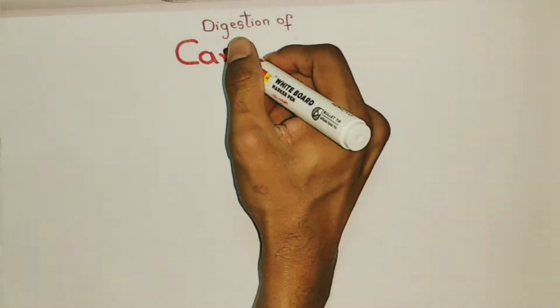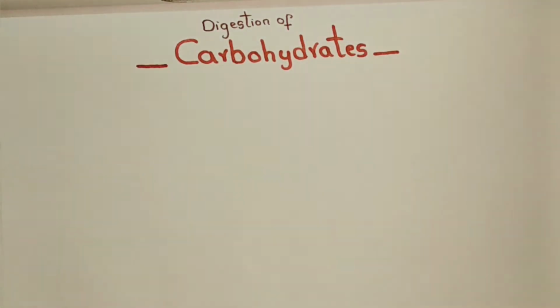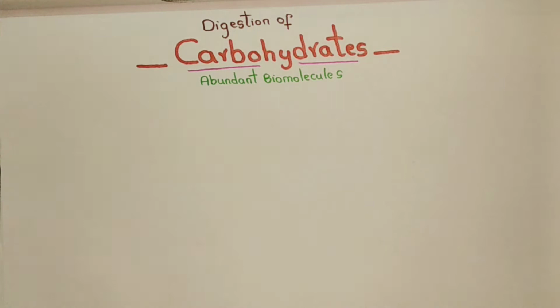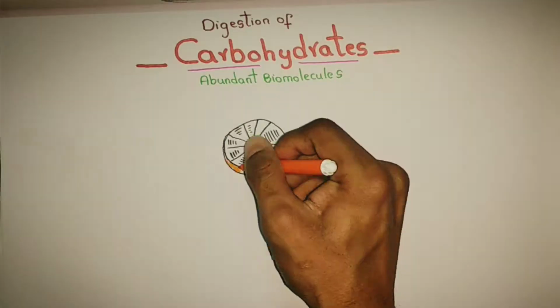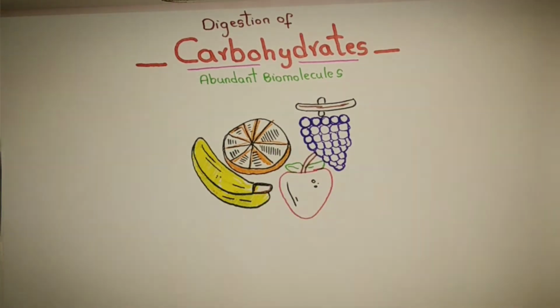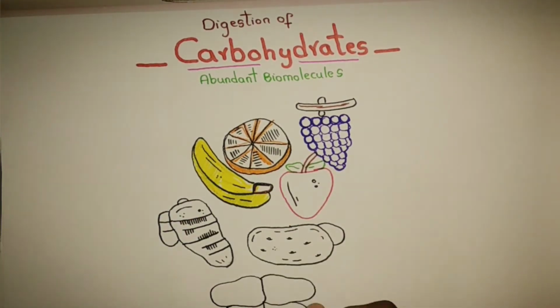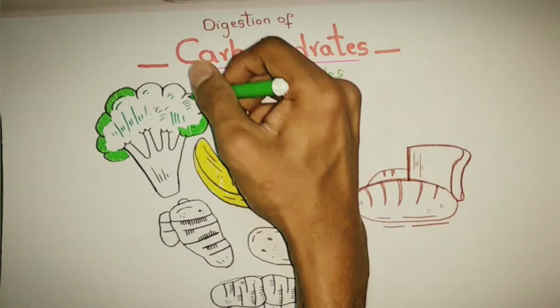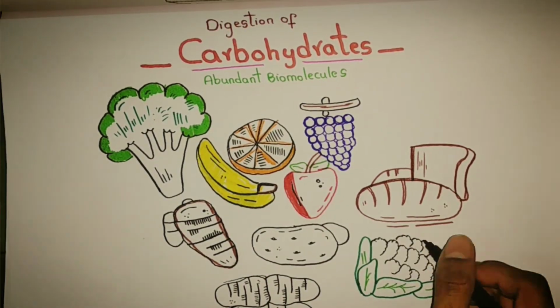In this video on digestion, we are going to be discussing digestion of carbohydrates, the abundant biomolecules on planet Earth. Out of all major biomolecules, carbohydrates are the most abundant, found in the majority of foods like fruits, rhizomes, bread and broccoli, and you can go on.